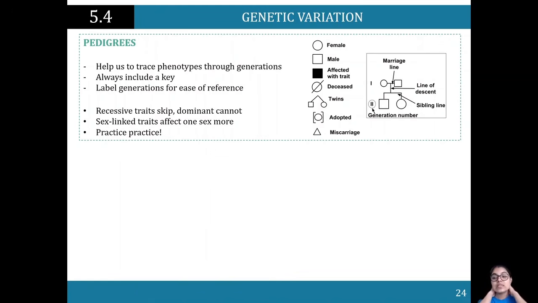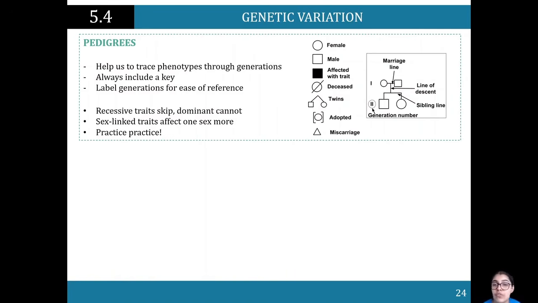So this is how we draw pedigrees based on the information we're given, and it helps us determine inheritance as well. Here are some key tips when it comes to actually deconstructing pedigrees and answering questions about pedigrees. Firstly, remember that recessive traits can skip a generation. Dominant traits cannot skip a generation at all.